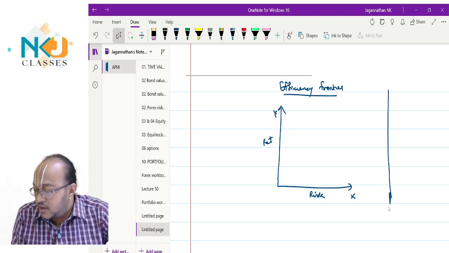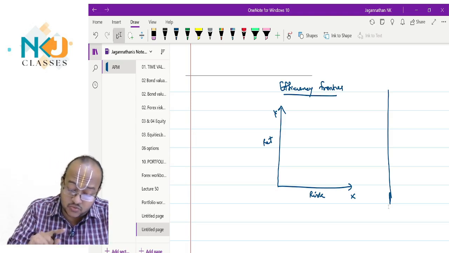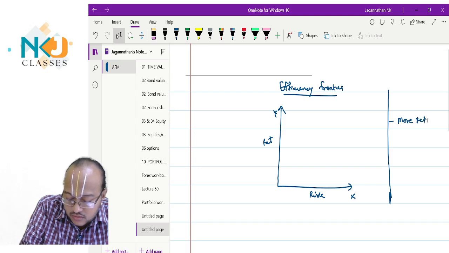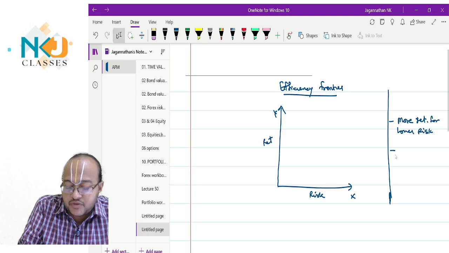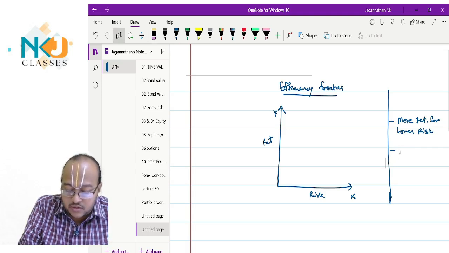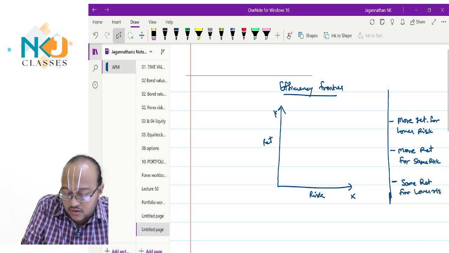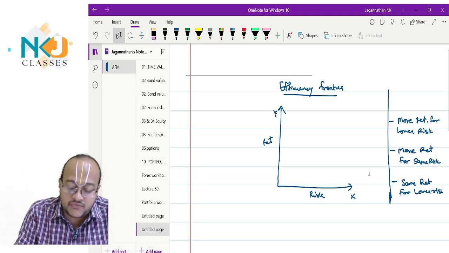A portfolio is called an efficient portfolio when there is no other portfolio which gives more return for lower risk, more return for the same risk, or the same return for lower risk. Are you understanding?